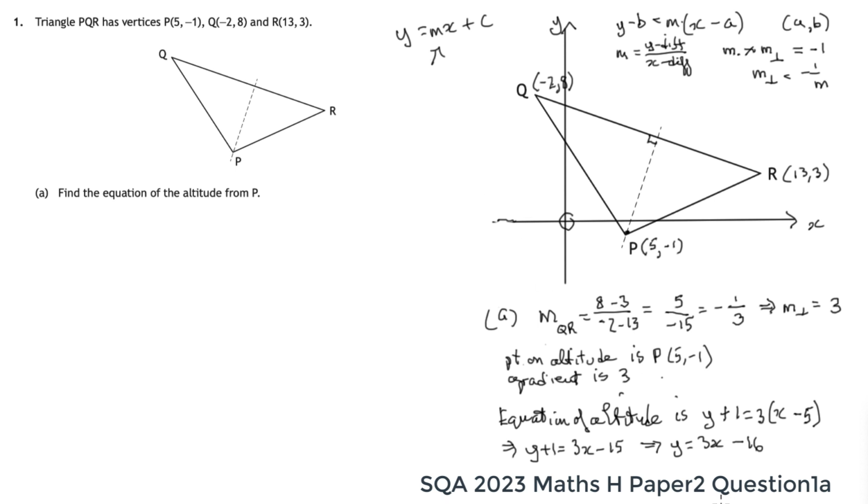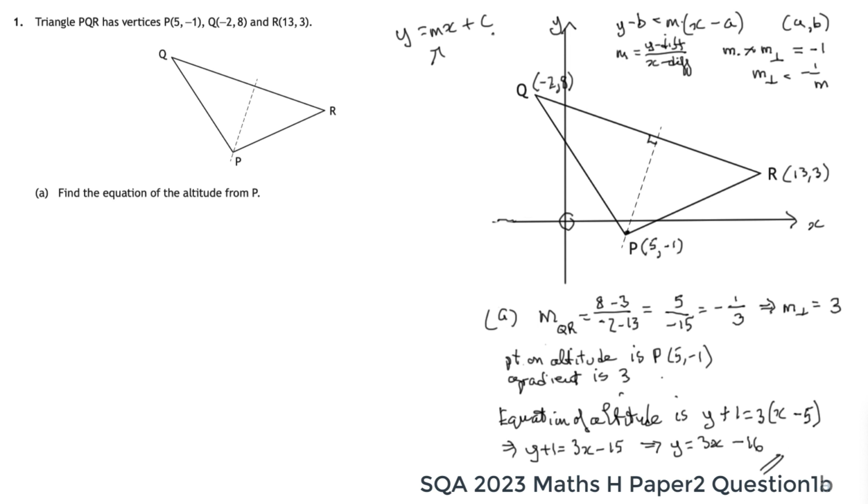M's the gradient, in this case it is 3, which we know, and plus c is where that line crosses the y-axis. And in this case, minus 16, well, if we follow that dotted line way down, certainly it will cross the y-axis at a fairly large negative number. So everything ties up. So there is the equation of that altitude.